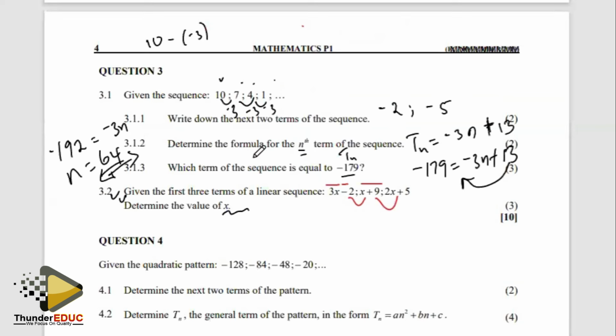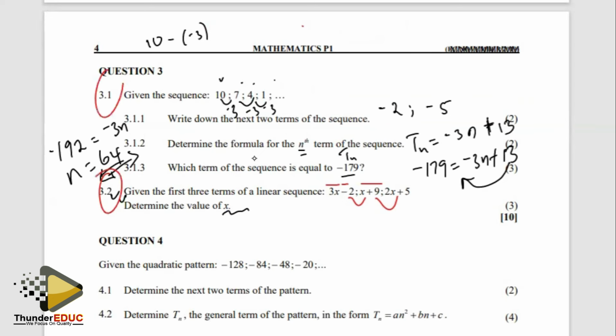Then negative 2x minus x is negative 3x, and negative 4 minus 11 is negative 15. Divide both sides by negative 3, which means x is a positive 5. So that is how we would have obtained that.